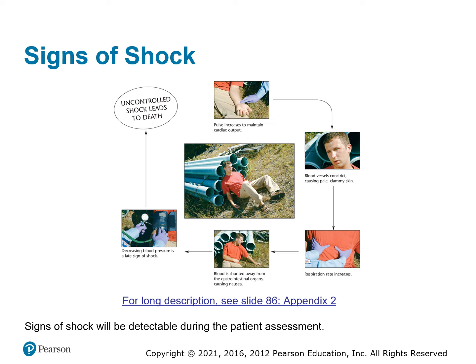Then you're going to start seeing those early signs where the blood vessels constrict, the skin's going to become pale, clammy, and eventually diaphoretic, and then the respiratory rate's going to increase because your body's saying, hey, I'm not getting enough oxygen to these places, so your body's instinct is to say, I need to get more oxygen out. And then the blood would be shunted away from the GI organs, causing the nausea there in the lower picture.